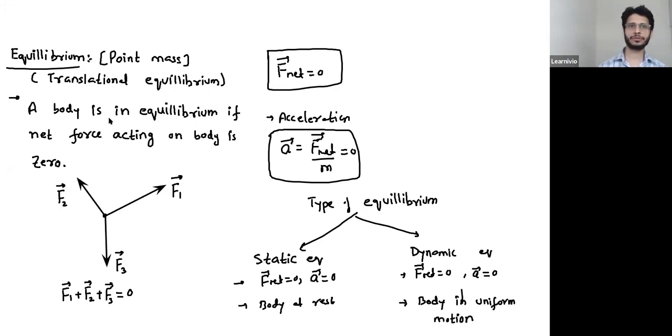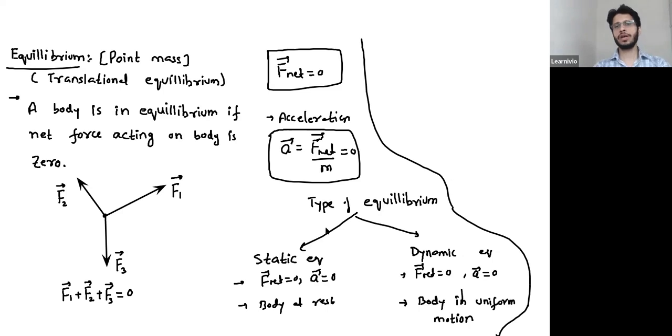So these are the two types of equilibrium, either static or dynamic. Static means net force is zero, acceleration is zero. Dynamic means net force and acceleration are zero, and the body is in uniform motion.